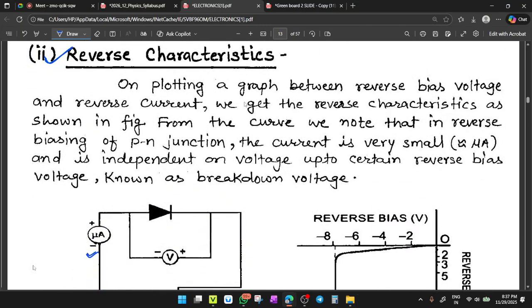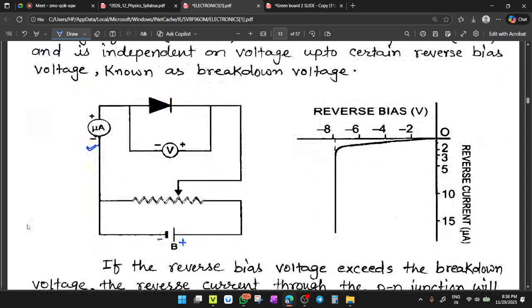On plotting a graph between reverse bias voltage and reverse current, we get the reverse characteristic as shown in the figure. I said that by increasing the voltage, the depletion layer increases, but the minority charge carriers, like electrons in the p region and holes in the n region, will cross the junction and constitute a very small amount of current.